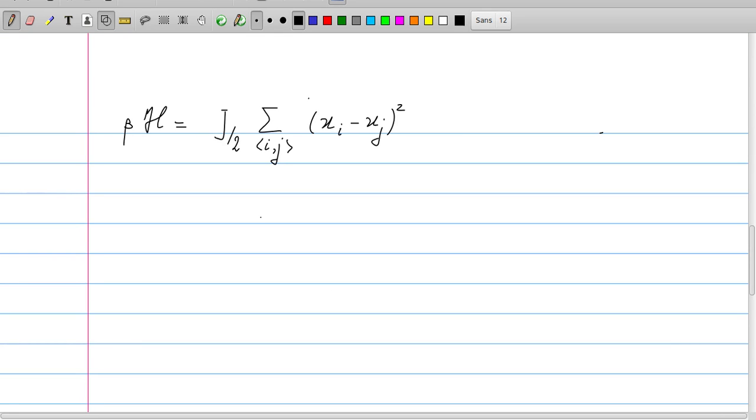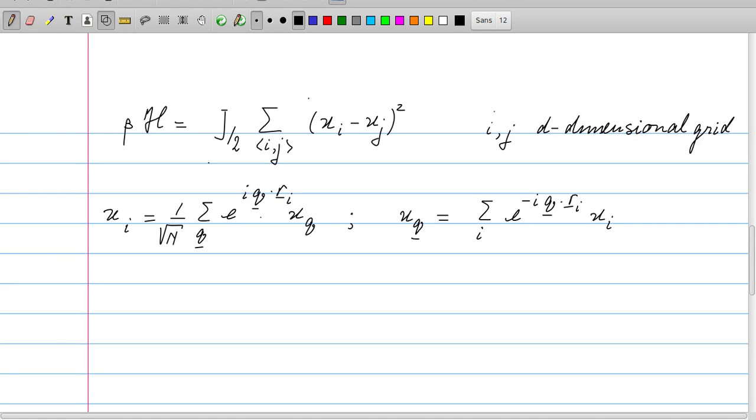Here is the Hamiltonian once again. It's important to note that the i and j lie on a d-dimensional grid, d-dimensional lattice, and the xi and the xj, they are continuous variables and they run from -infinity to +infinity. And to make progress, it's convenient to take the Fourier transform of x with respect to the index i.